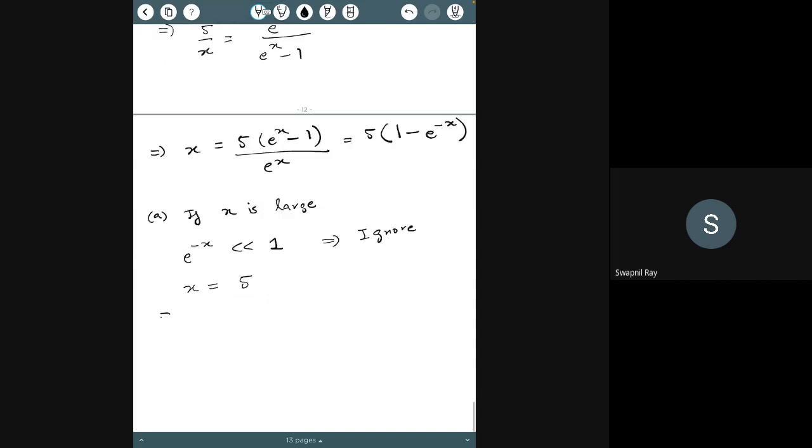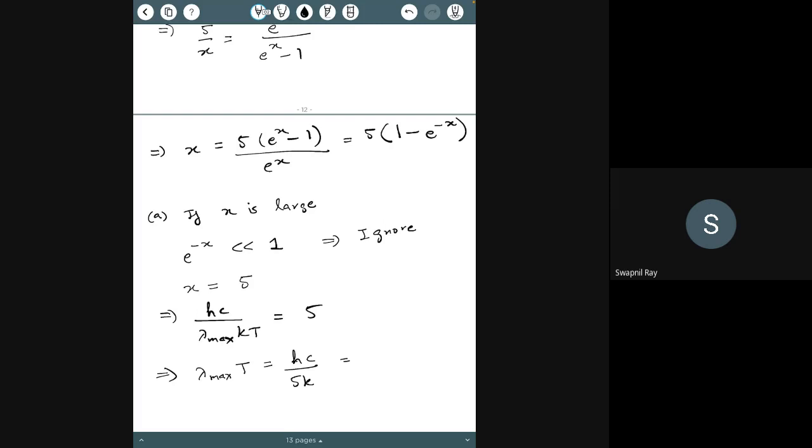Which means that hc by lambda max kt is equal to 5. Then lambda max T you can evaluate as hc by 5k, and you will get some sort of constant value. Let me just look up the value.